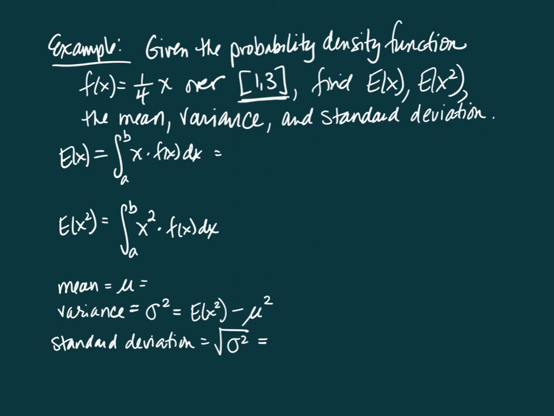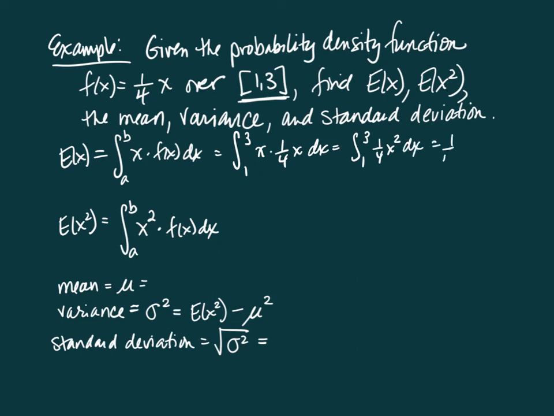E of x, using that formula, uses the interval that's given and x times the probability density function. So in this case, that's the integral from 1 to 3 of x times 1/4 x dx, or in other words, the integral from 1 to 3 of 1/4 x squared.